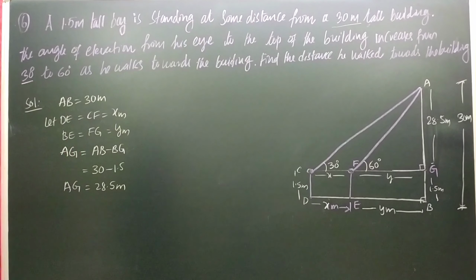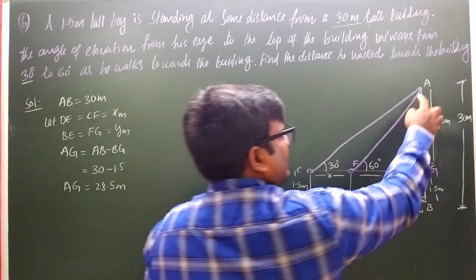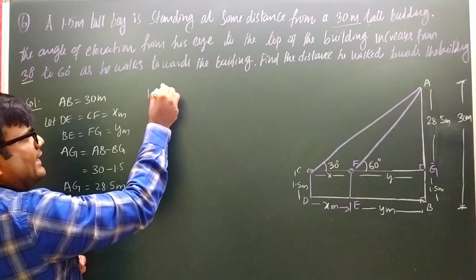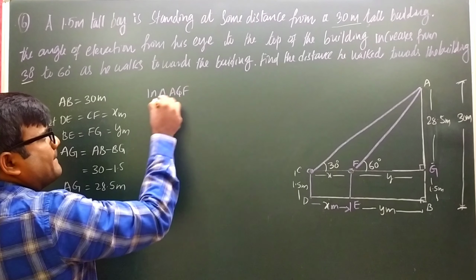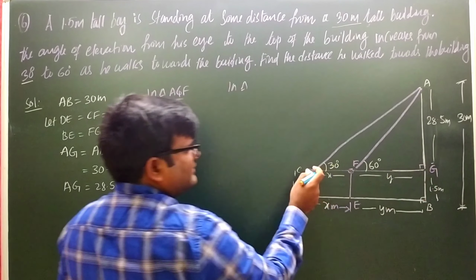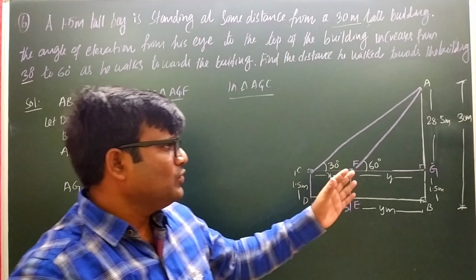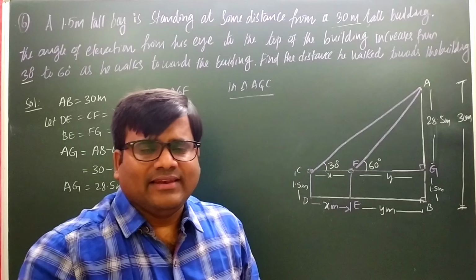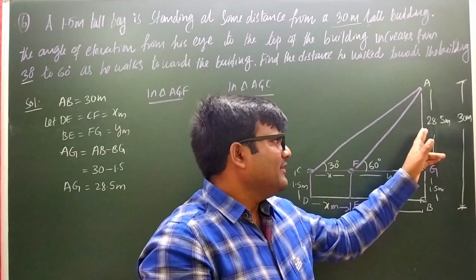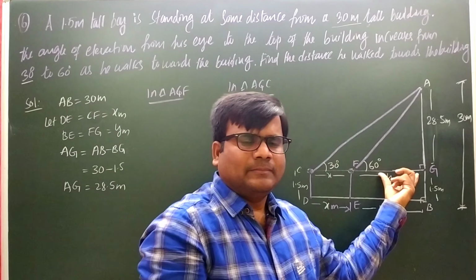Now consider two right triangles, one is triangle AGF and the second is triangle AGC. So you can see the two right triangles. In both right triangles, one length is common, that is the length of AG. This length is common, and we need to find the x and y values.